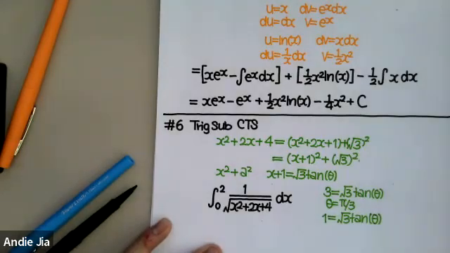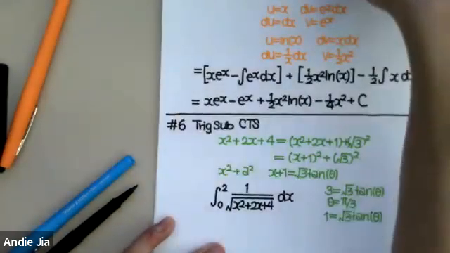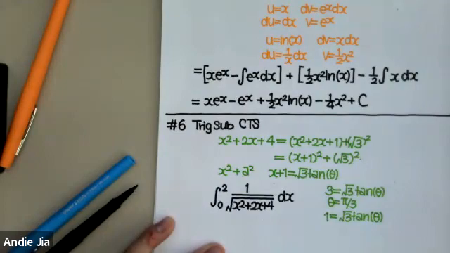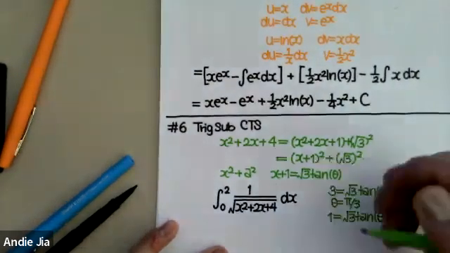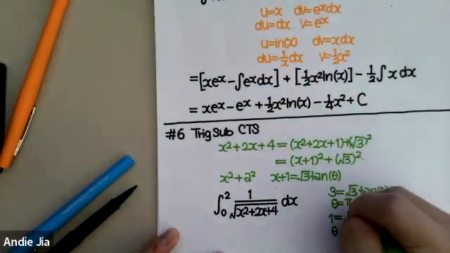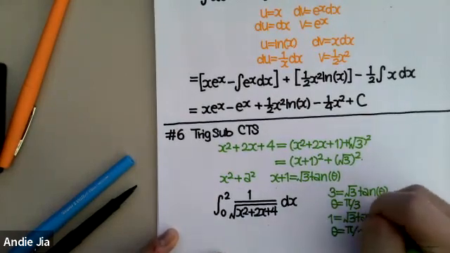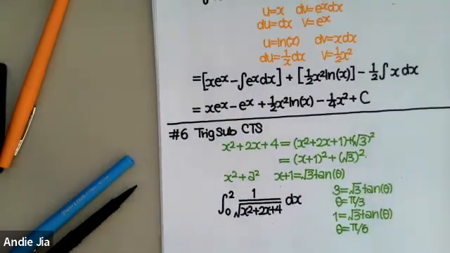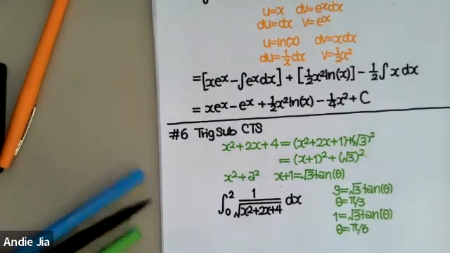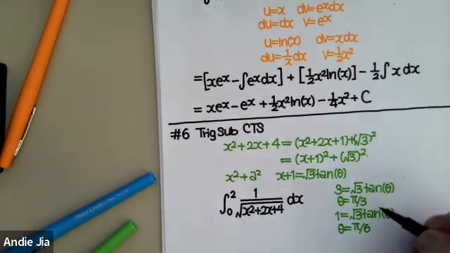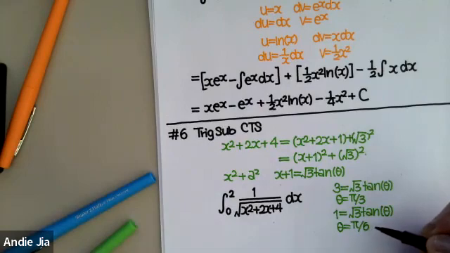Just try to find what the lower bound is. It's pi over 6. So you should construct a new integral that has upper bound pi over 3, lower bound pi over 6.